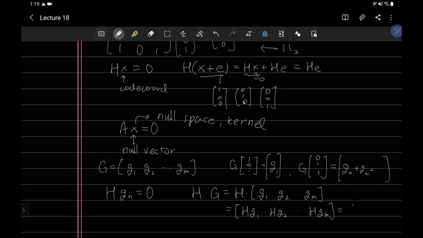So we will eventually obtain a zero matrix. So that is the relation between the parity check matrix and the generator.